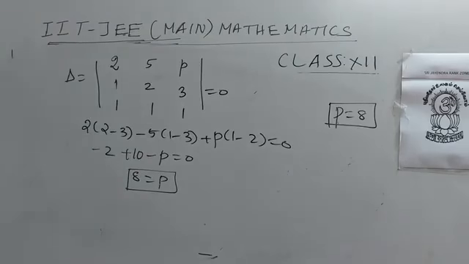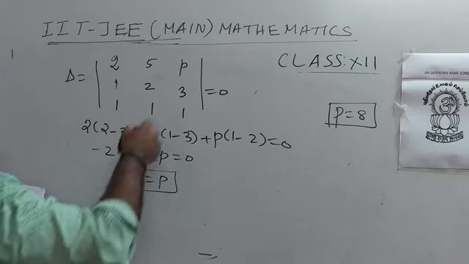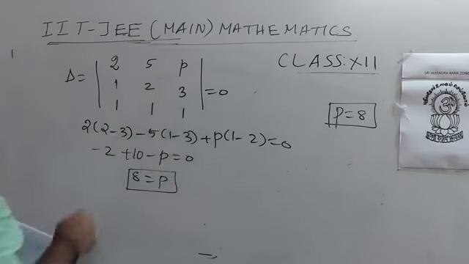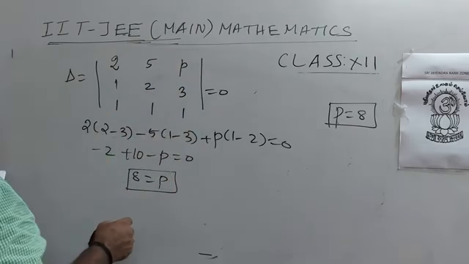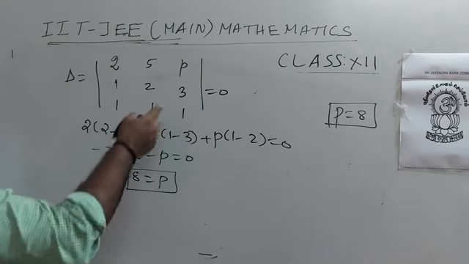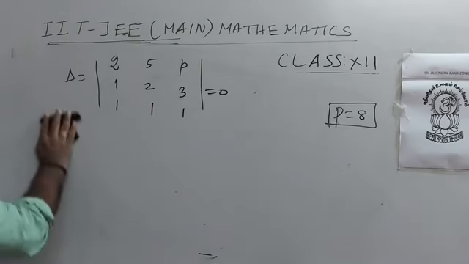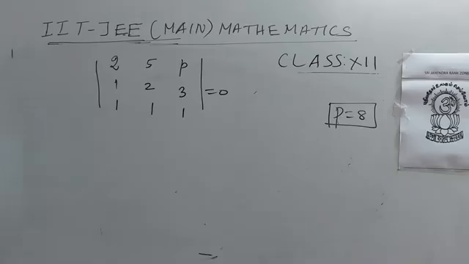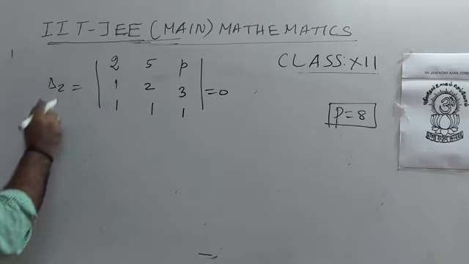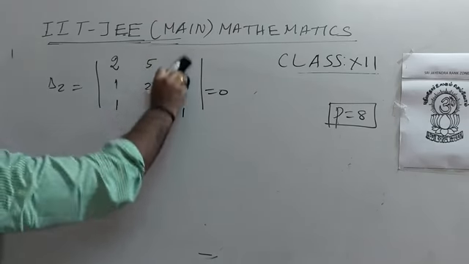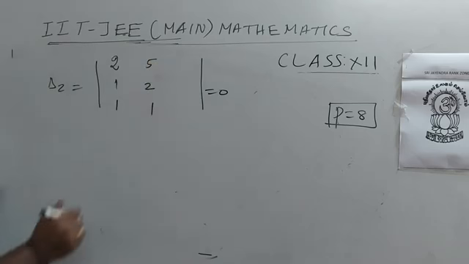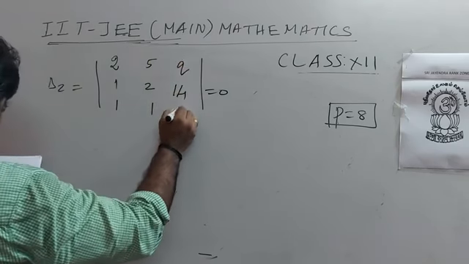Then we need to find q. We consider delta z, so we replace the third column by q, 14, 6.